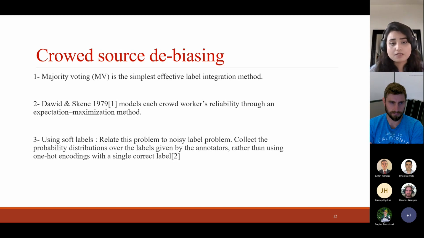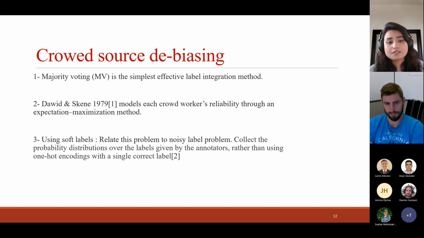The second method is based on the Dawid-Skene model, which assigns a variable, the reliability of the annotator or the worker, and tries to estimate that variable along with the output parameter. This model is also more related to the classification problem.